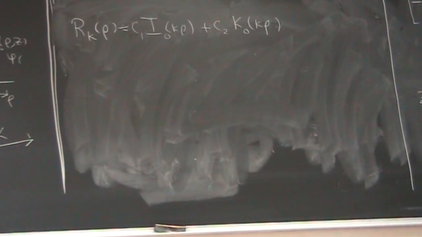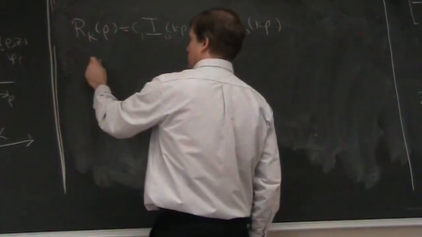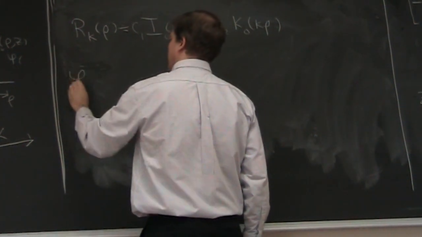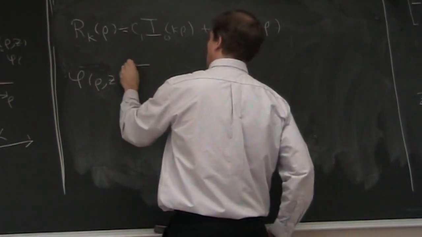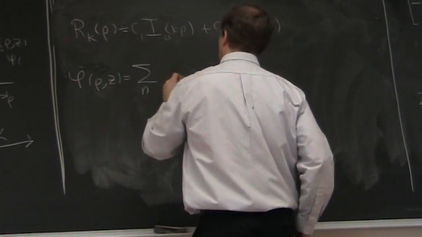So the generic form in cylindrical coordinates would be a sum over n.